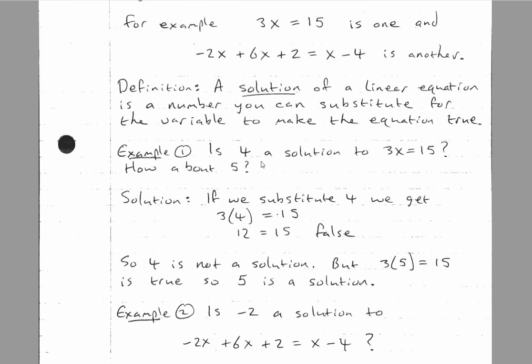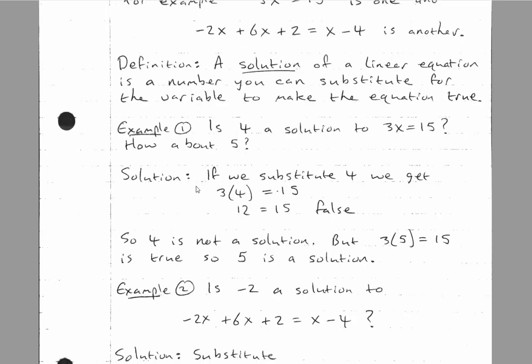Example 1 is for a solution to this equation, 3x equals 15. How about 5? Well, what happens if we substitute 4 for x? So replacing that x by 4, we get 3 times 4 equals 15. On the left we have 12. 12 equals 15, that's false. So that tells us 4 is not a solution.